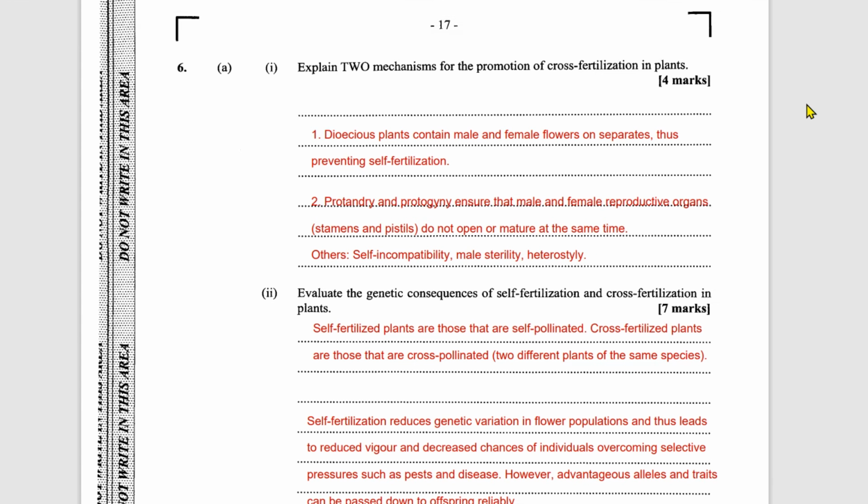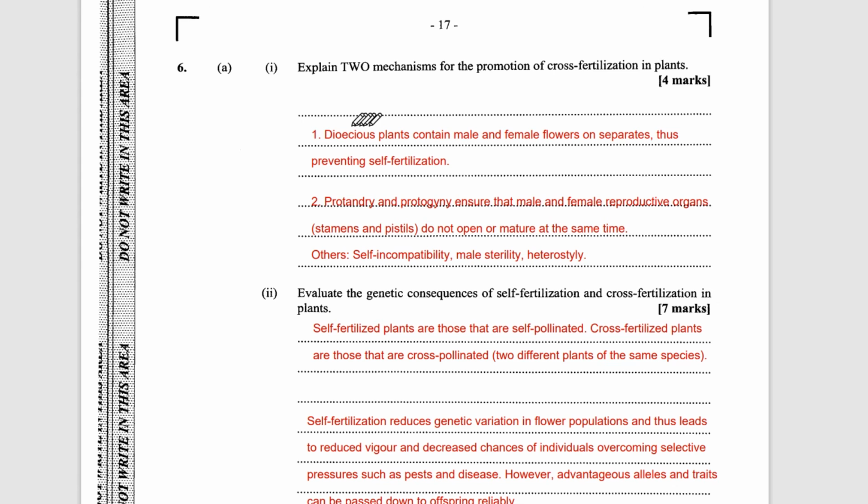Alright, question 6. Explain 2 mechanisms for the promotion of cross-fertilization in plants, or basically what you call outbreeding. So you have plenty of different ones you could use here, but I use 2 kind of simple ones. It's 4 marks, so you want to have at least a good description of each one. So the first one here I have is dioecious plants.